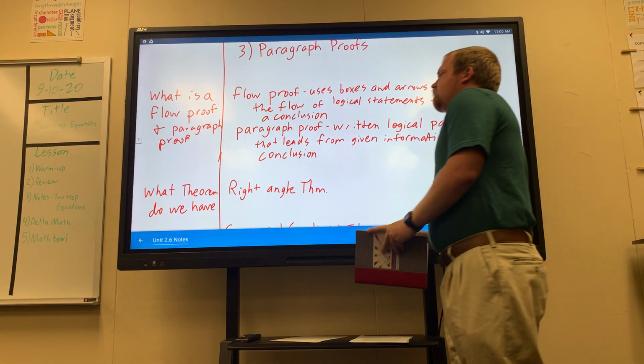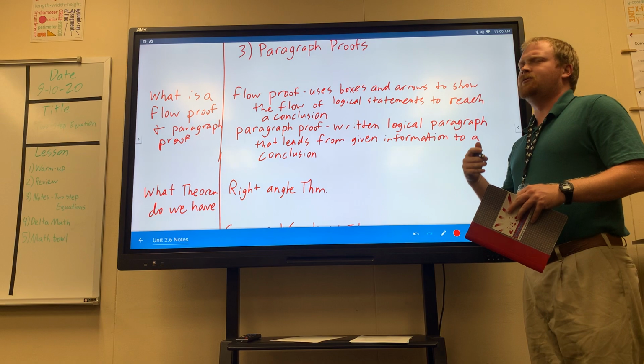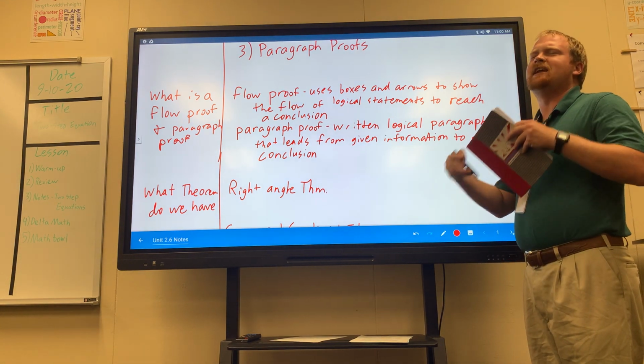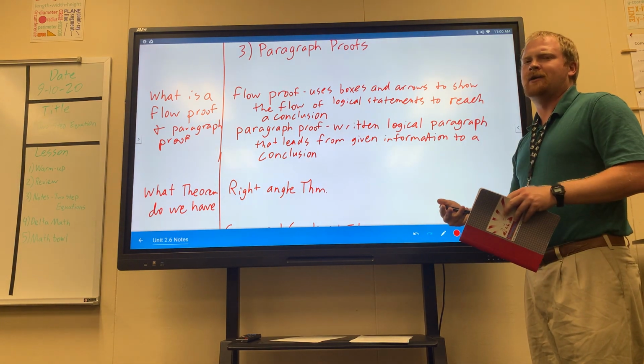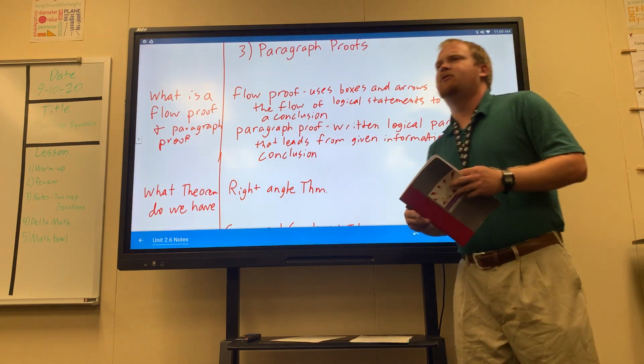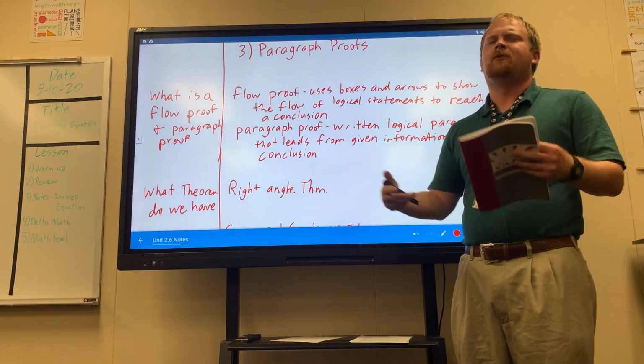So it's kind of like a two-column proof, but you're writing sentences and you're trying to make a paragraph out of that proof. That's what a paragraph proof is. It's literally writing a paragraph on the proof.